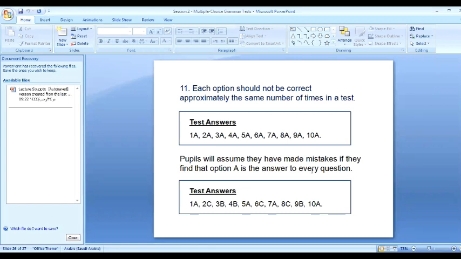So this cannot make a good multiple choice grammar test. These 11 points help you to design a multiple choice grammar test correctly. We mentioned 11 points on what makes a good multiple choice grammar test.